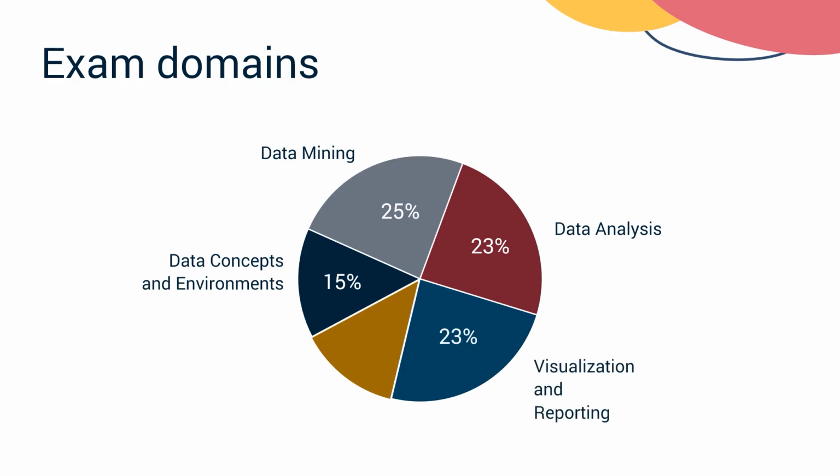An additional 23% concentrates on presenting data effectively using visualizations and reporting. The remaining 14% of the exam covers data governance, quality, and controls to ensure data integrity, compliance, and security.